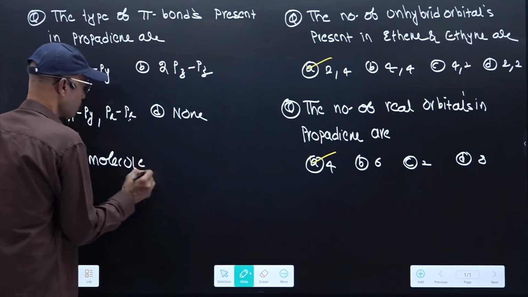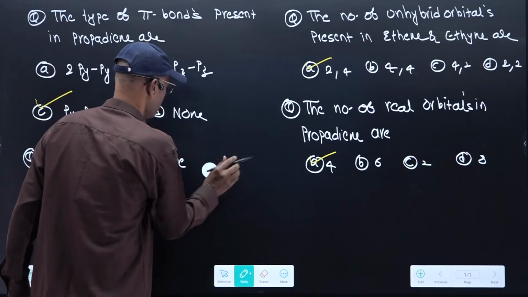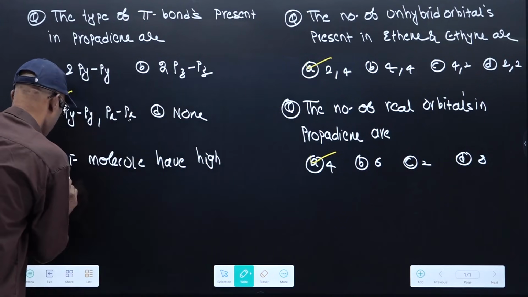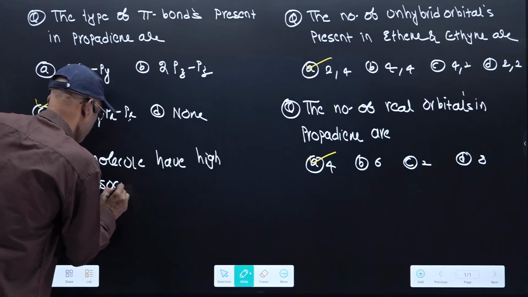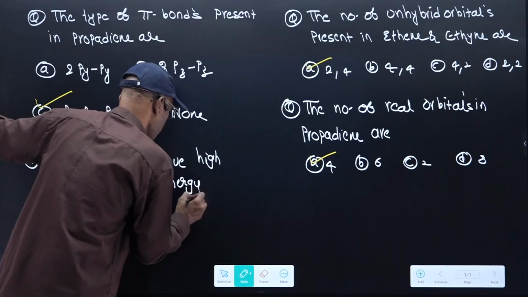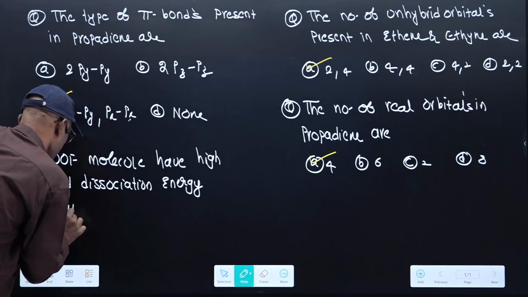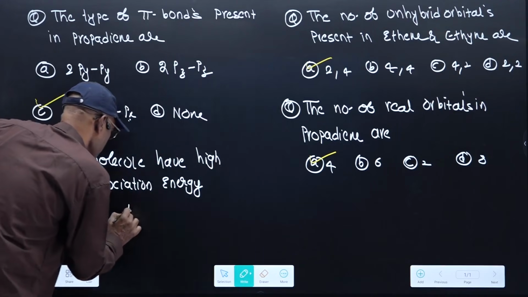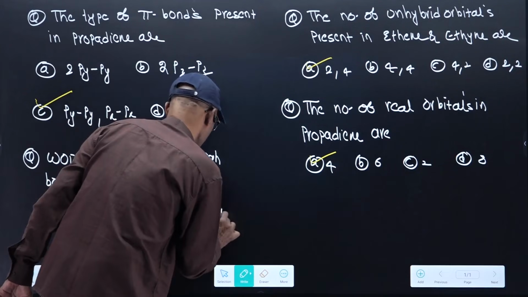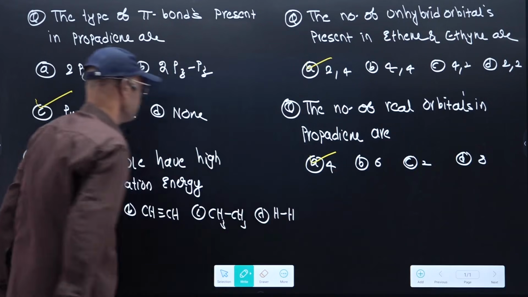Which of the following molecules has high bond dissociation energy? First I am writing carbon-carbon double bond, B carbon-carbon triple bond, C carbon-carbon single bond, and hydrogen-hydrogen single bond.